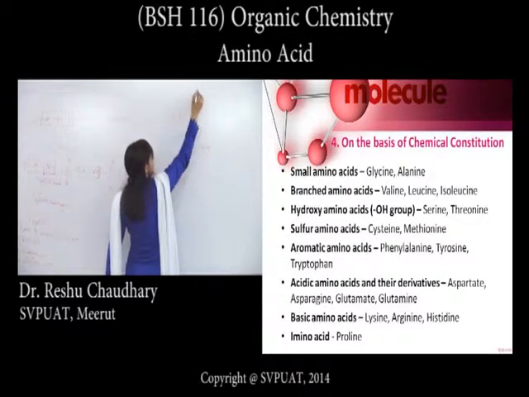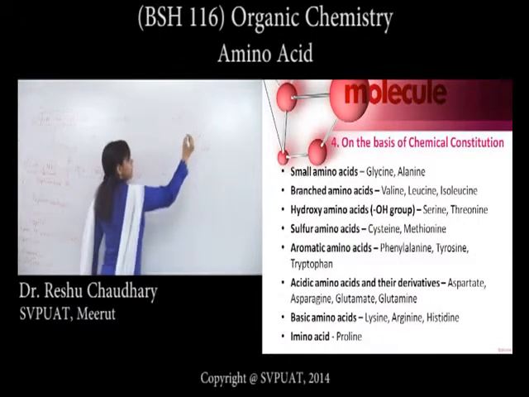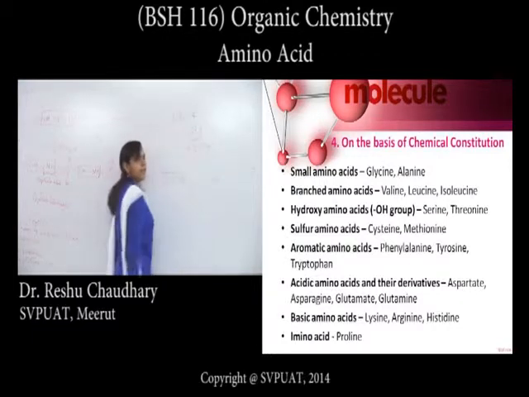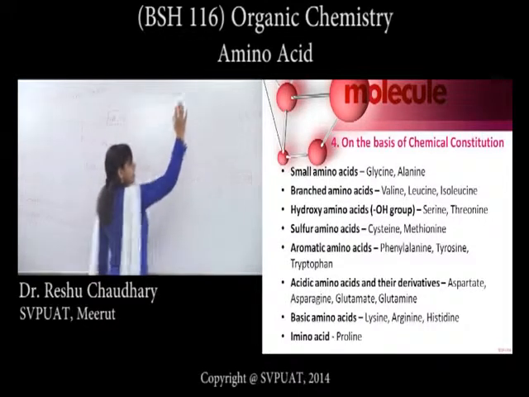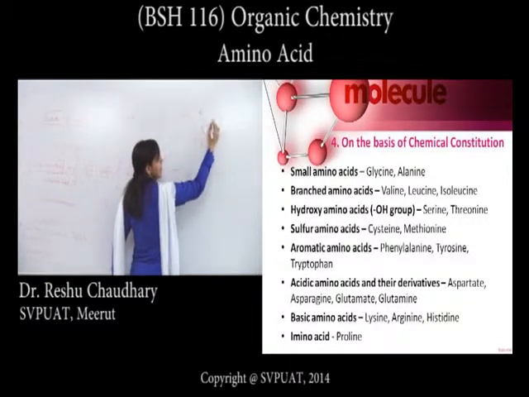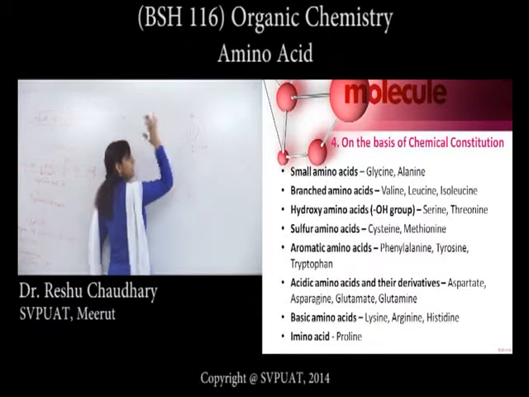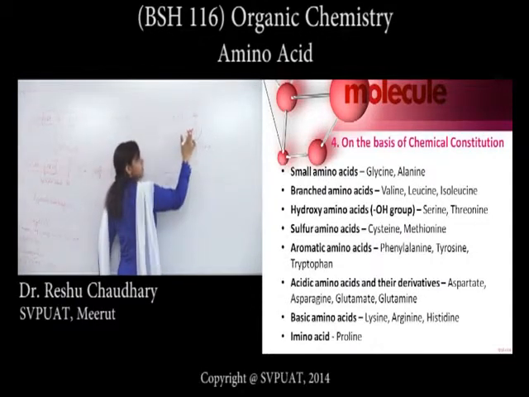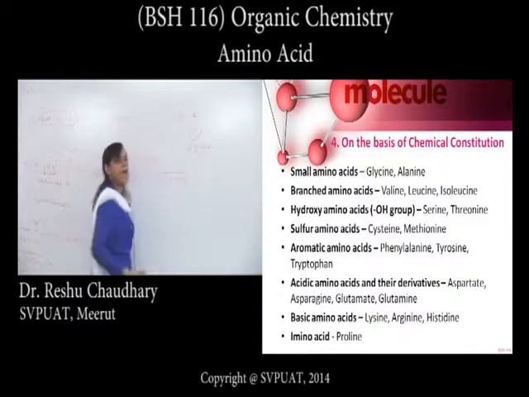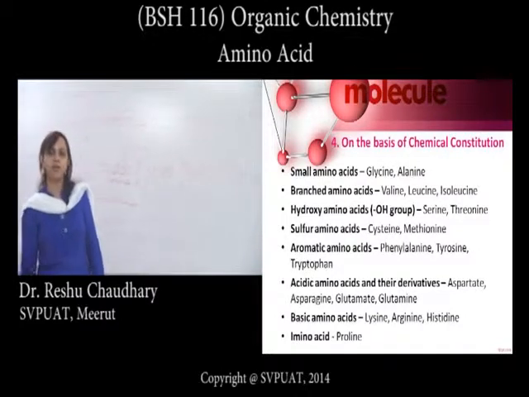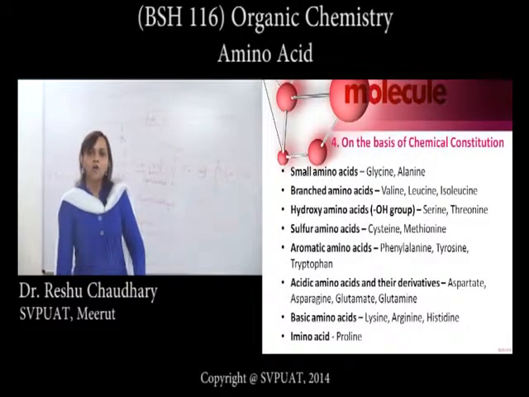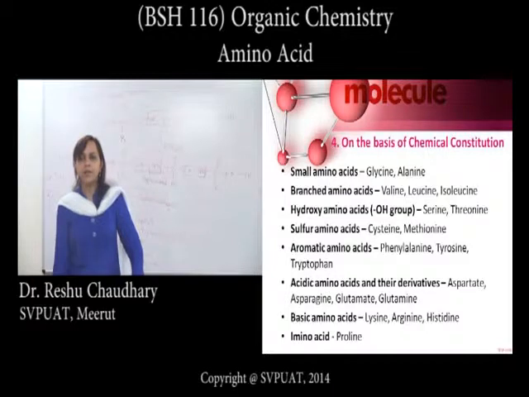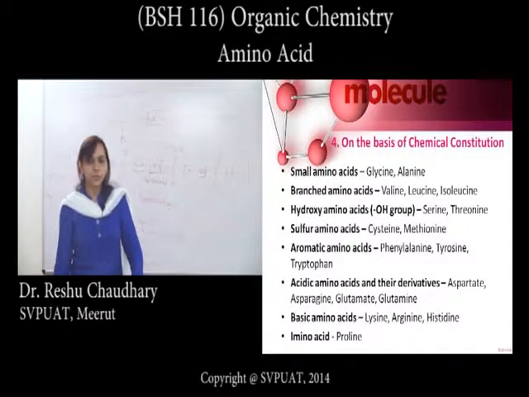As there are 2 hydrogen atoms, this carbon is not a chiral carbon atom. A chiral carbon atom is one where 4 different groups are attached to a single carbon atom. But here 2 groups are similar, that is hydrogen atom. Hence it is optically inactive. The only optically inactive amino acid is glycine. Out of 20, the other 19 amino acids are optically active due to the presence of different variable groups in their structure.